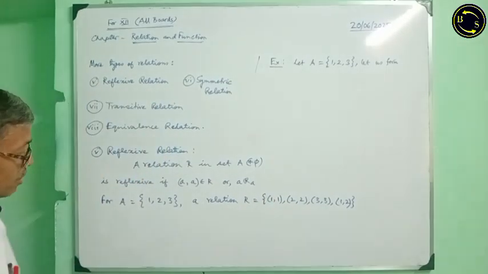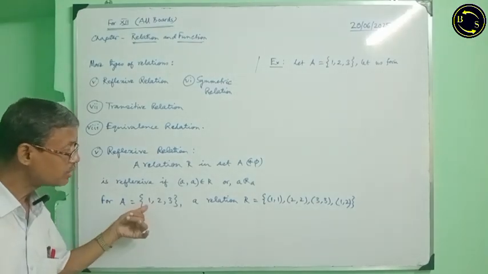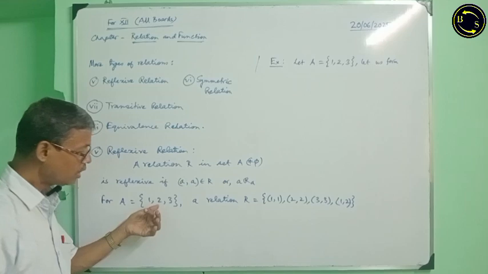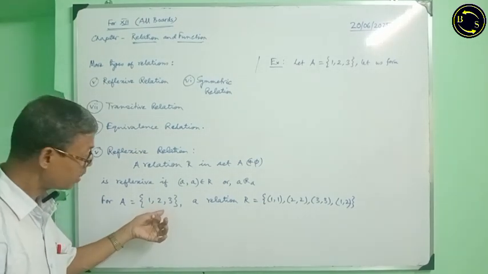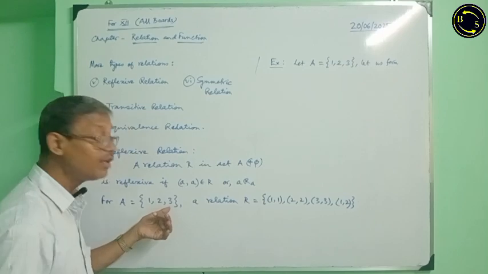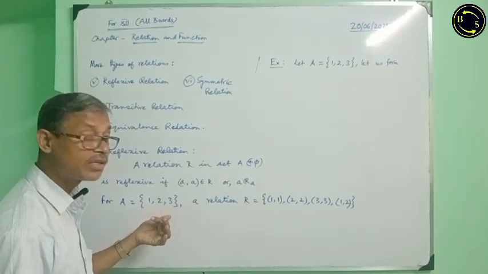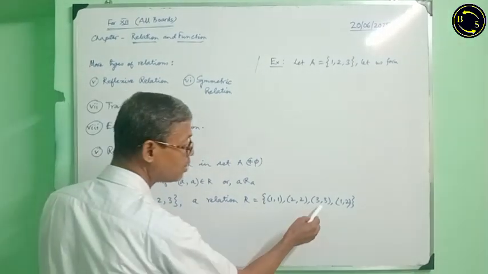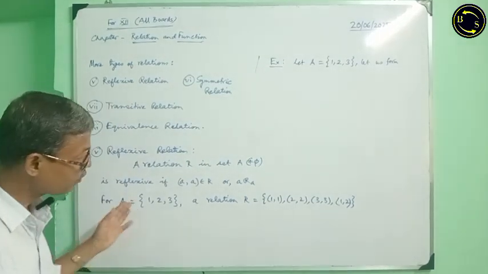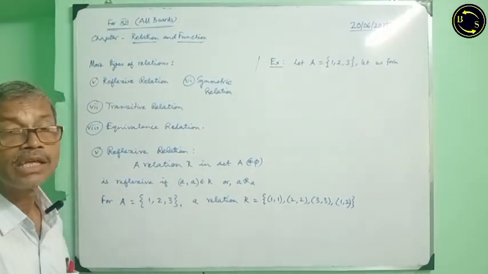The answer is yes. Because we see 1 is related to itself, that means the ordered pair 1, 1 is there. Then 2 is related to itself, that means the ordered pair 2, 2 is there. Then 3 is related to itself, yes, the ordered pair 3, 3 is there. Therefore, this is a reflexive relation.